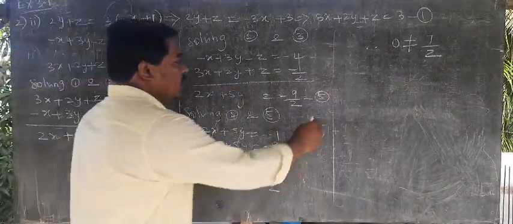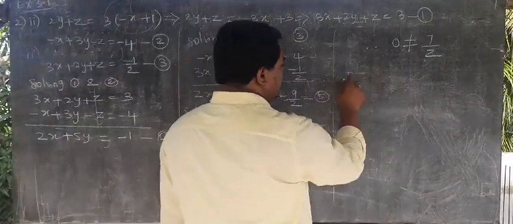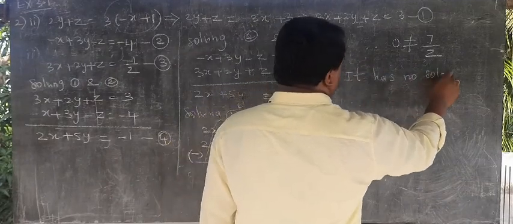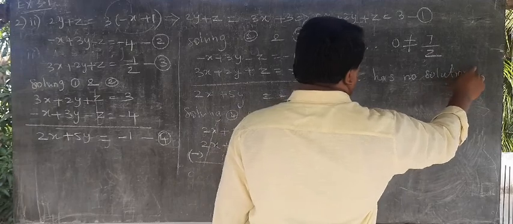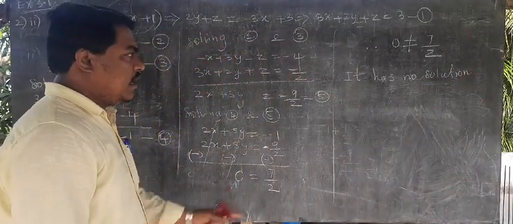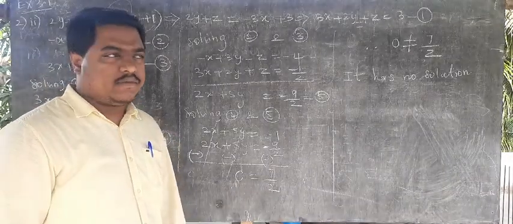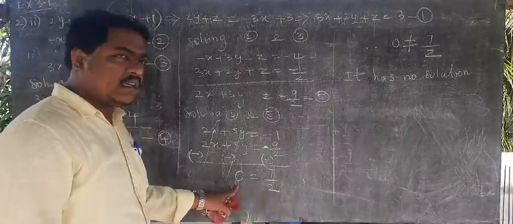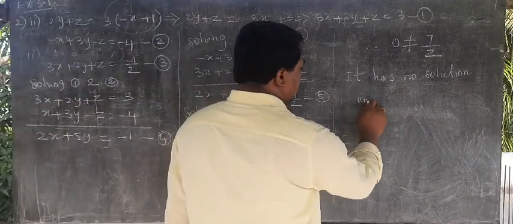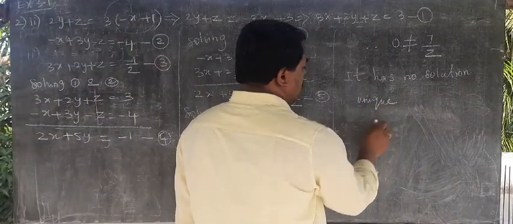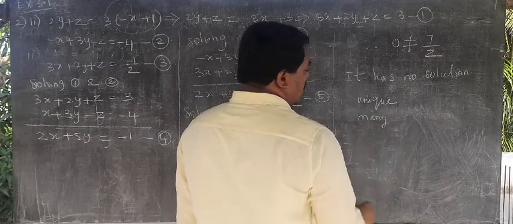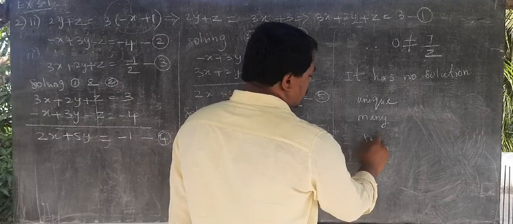So it has no solution. That is the answer. It has no solution because 0 is not equal to 7 by 2. We have three conditions: one is unique solution, another is many solutions, another is no solution.